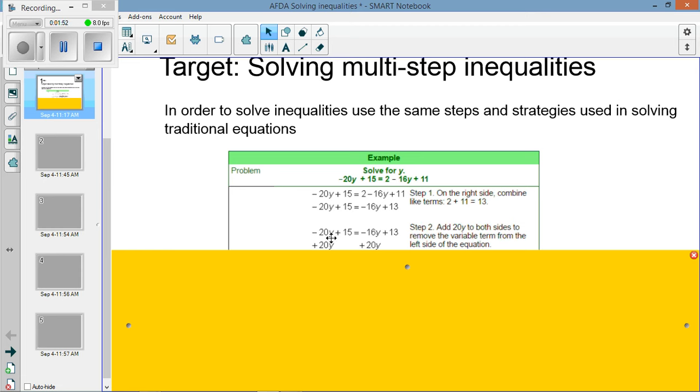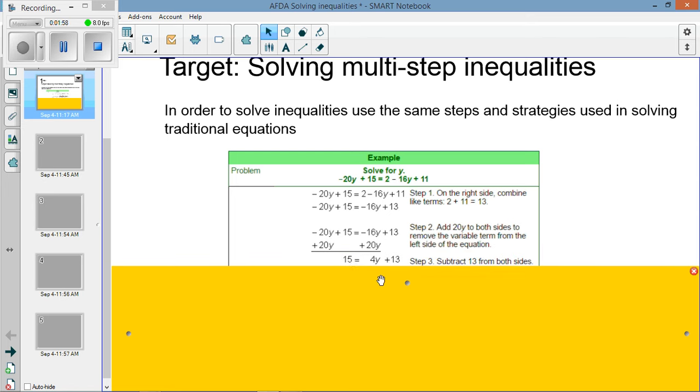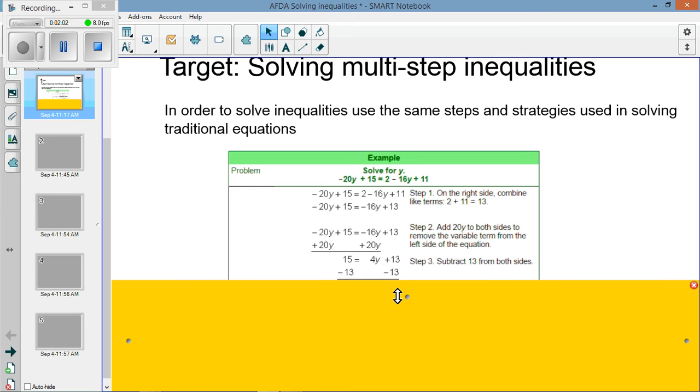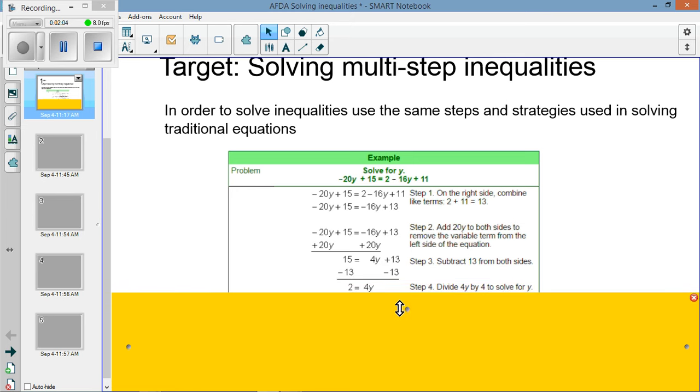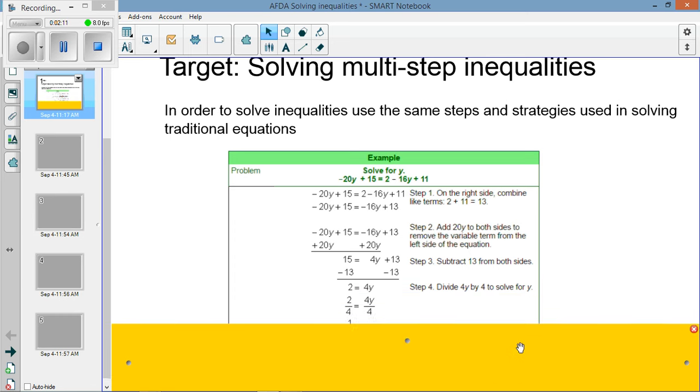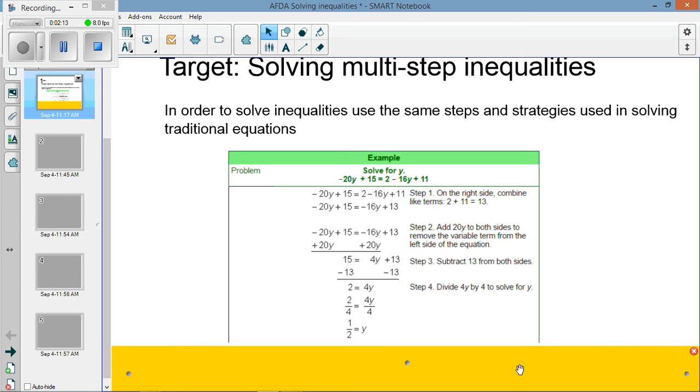So what that does is it'll cancel out the 20 over here and leave us with 4y on the right hand side. And to finish up, we're going to subtract this 13 from both sides. So now our equation is 2 equals 4y. Divide both sides by 4, and we have 2/4, or if we simplify it, 1/2.